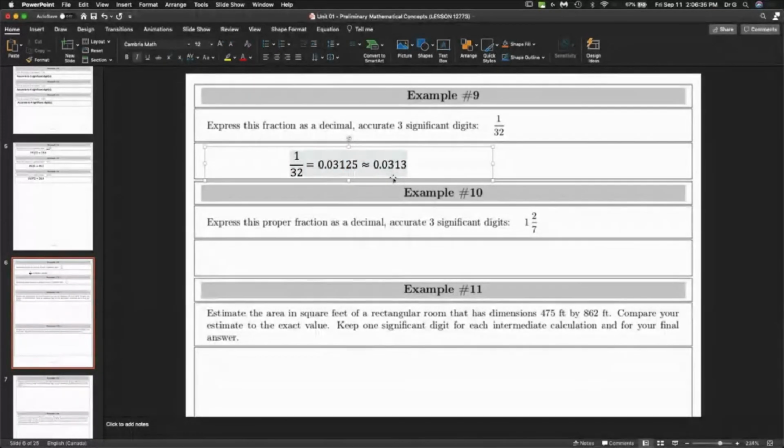The reason that this is the answer is because these zeros here are not significant. Those zeros are there just to tell you the number is small. They're place values. Like if I give you this number here, 313, that's 3 significant digits. You see all of these zeros at the end?